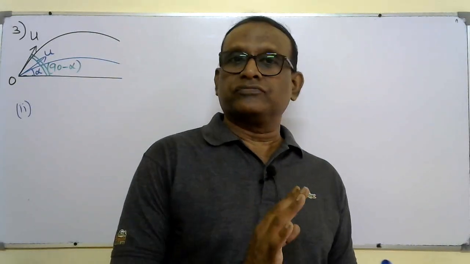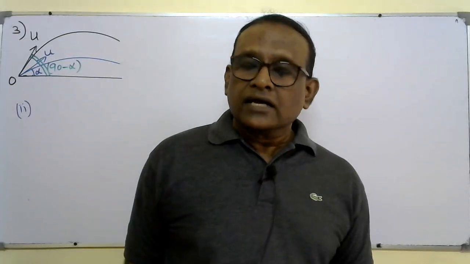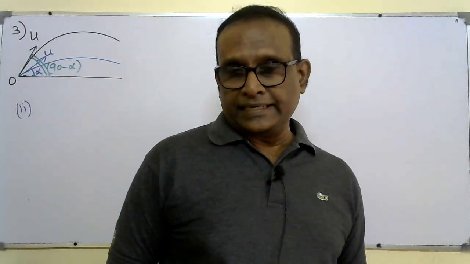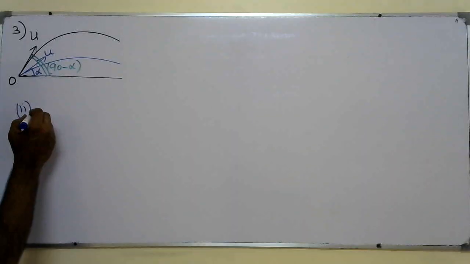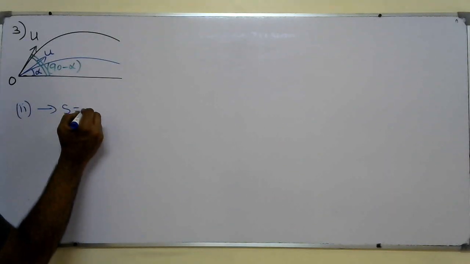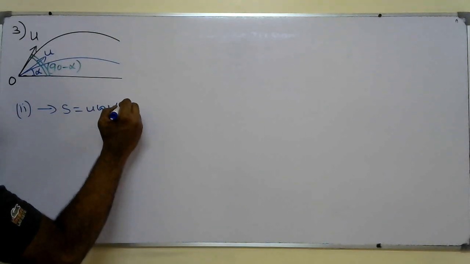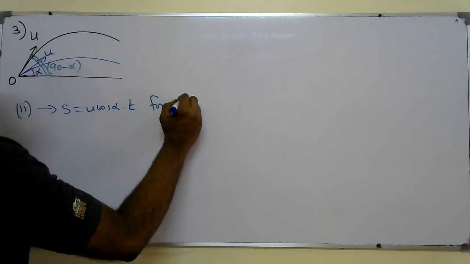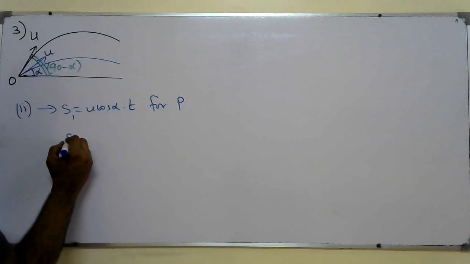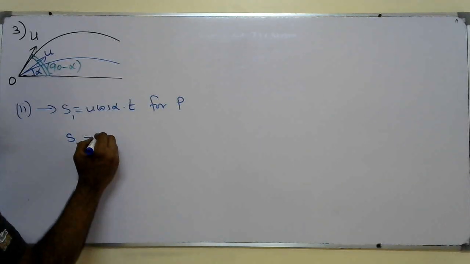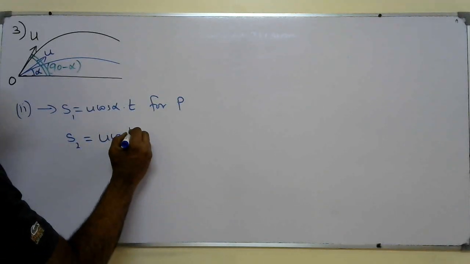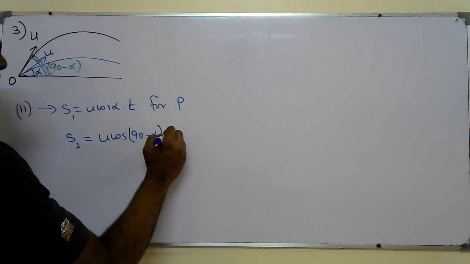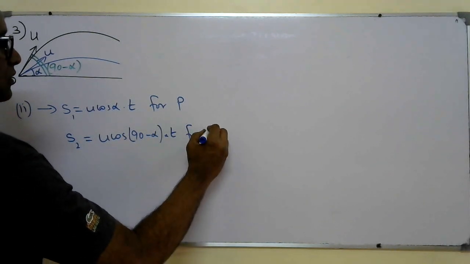You know the horizontal displacement is just given by S equals u cos alpha into t for P. For Q, the horizontal displacement S2 is equal to u cos of 90 minus alpha into t.